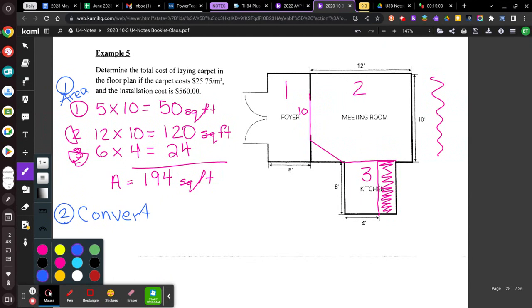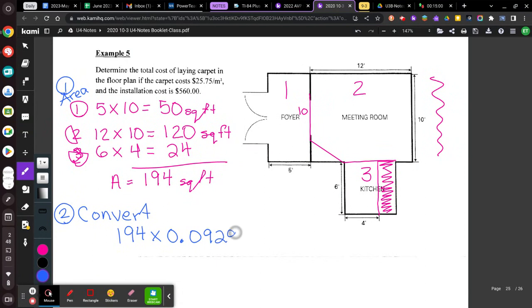So we're going to have 194 times 0.0929. And that's going to give us 18 meters squared.